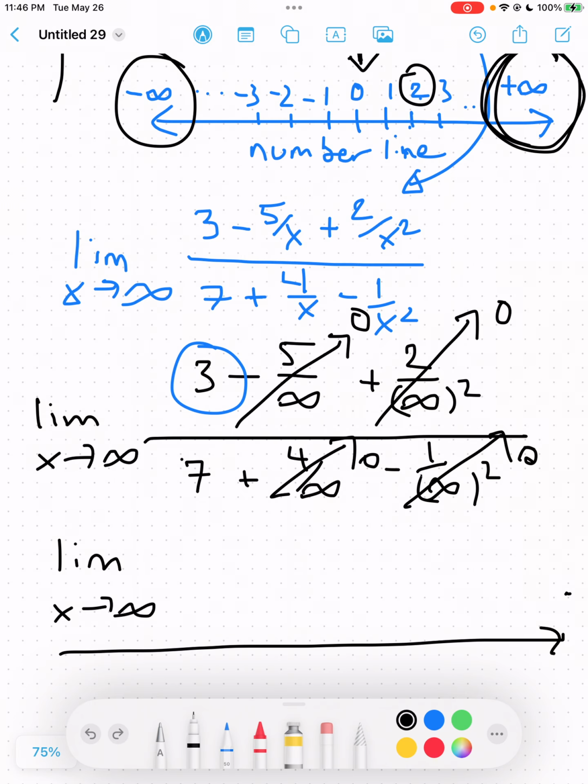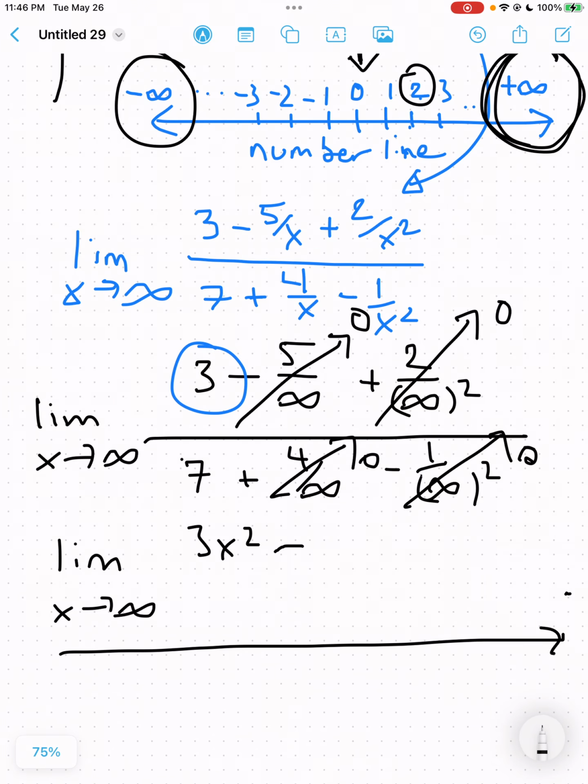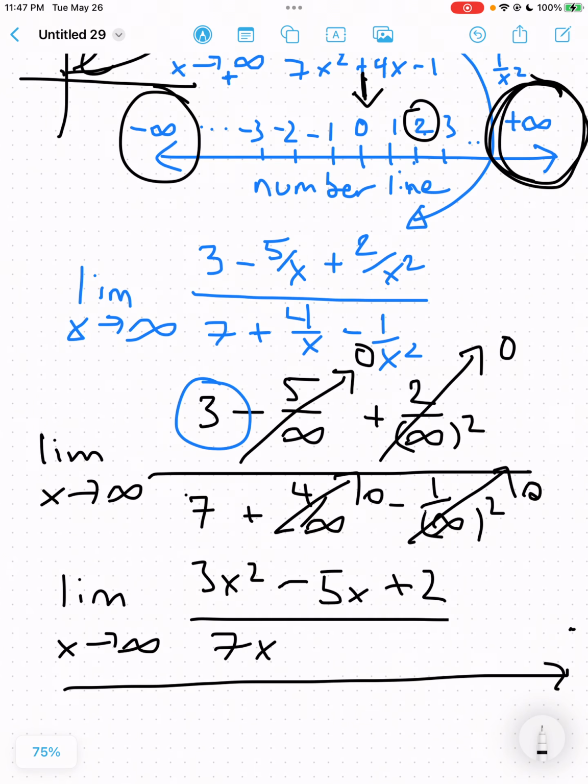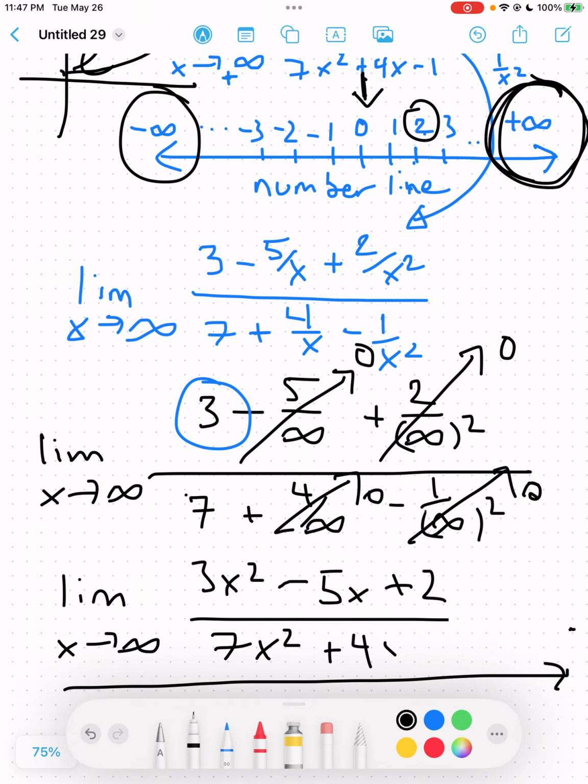Limit of x approaches infinity of 3x squared minus 5x plus 2 divided by 7x squared plus 4x minus 1 equals 3 over 7. I hope that makes sense.